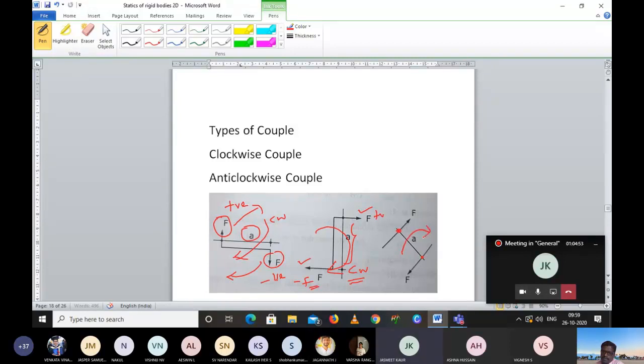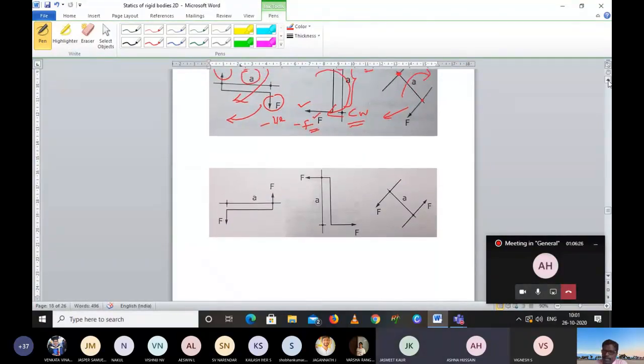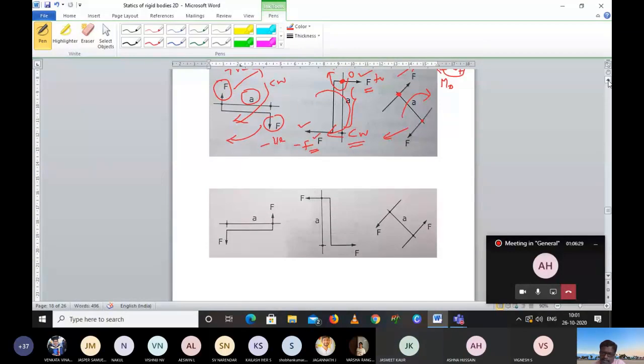Any doubt, guys? No, sir. How to take positive and negative there? Whatever is coming towards your right side, take it positive, similar to the second condition. Whatever is coming on the left side, take it as negative.